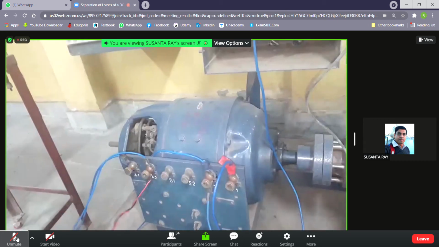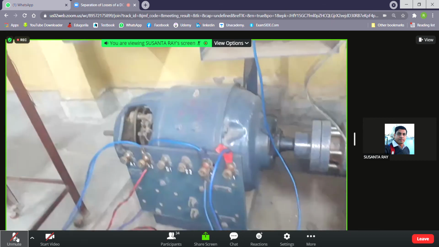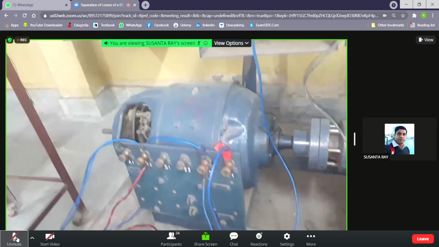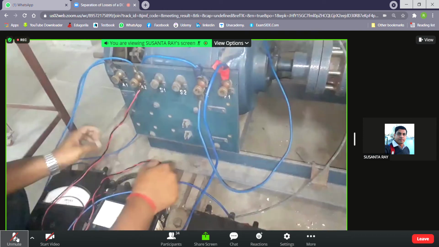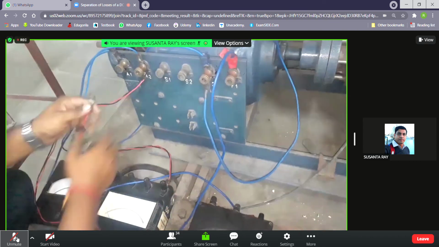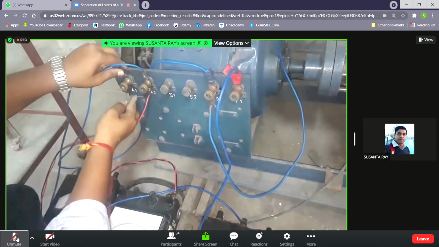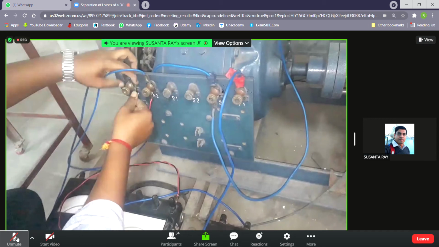Now he is connecting a voltmeter across A1 and A2 to measure the voltage across the armature coil.